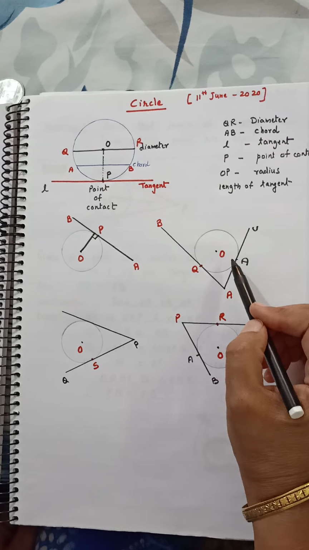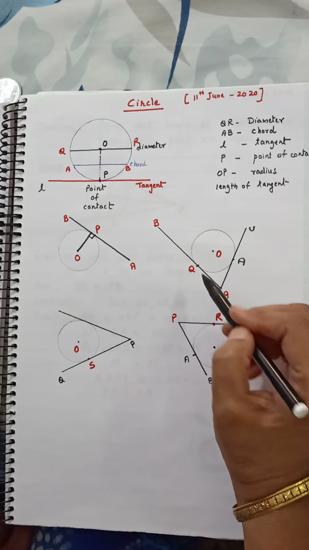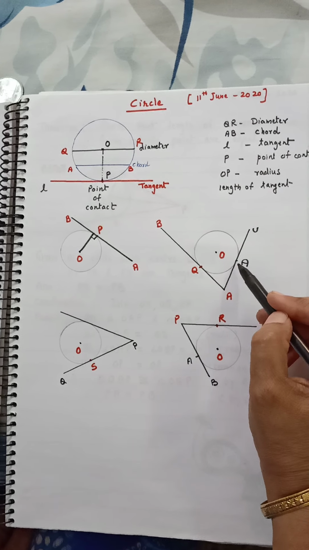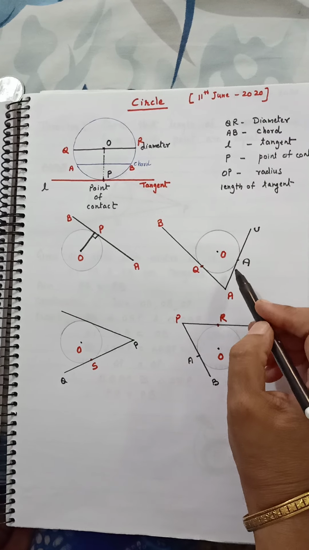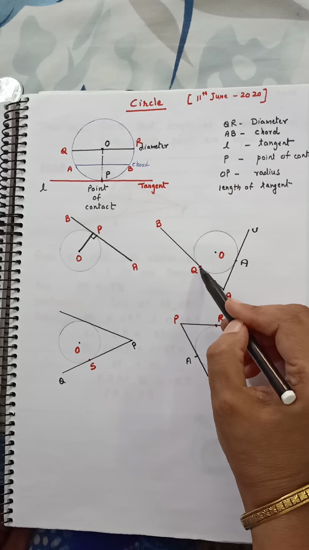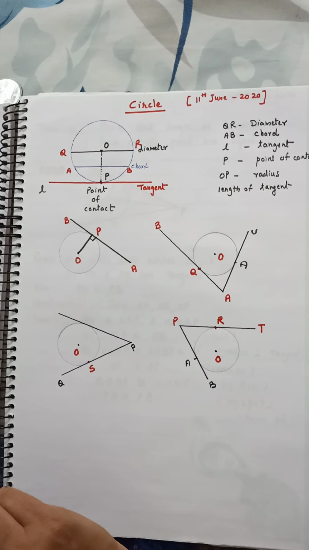In the second figure, you have AB is tangent because it is touching the circle at Q. This AC is tangent because it is touching the circle at D only at one point. That means this Q is the point of contact and this D is the point of contact.